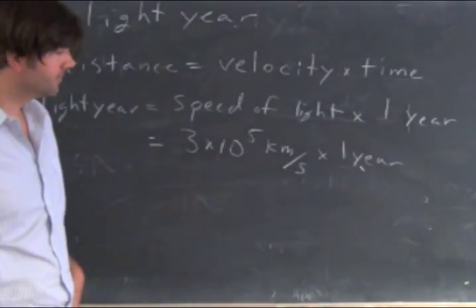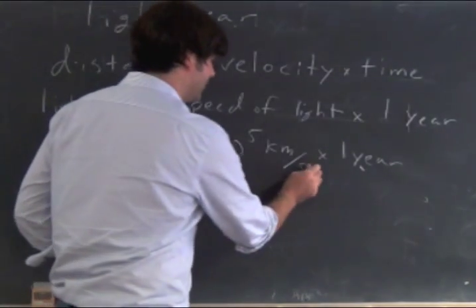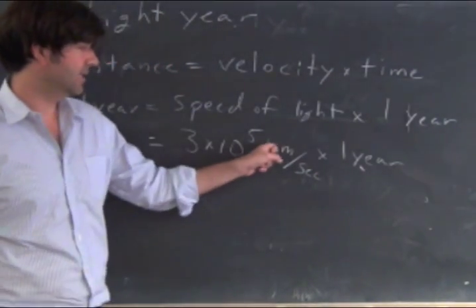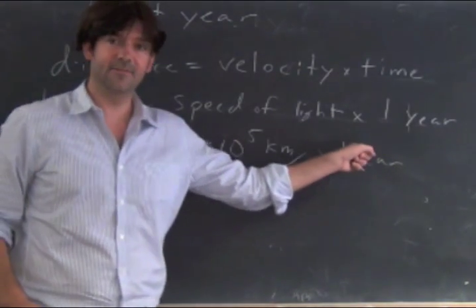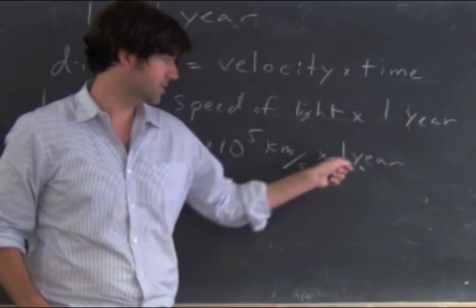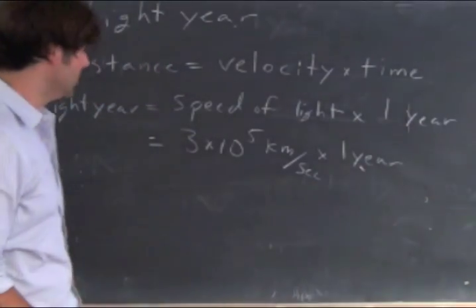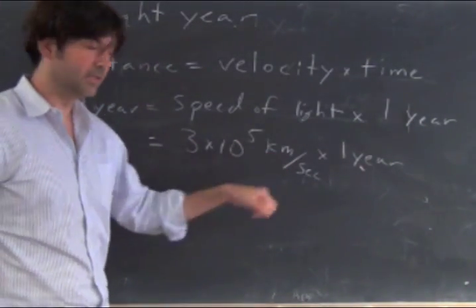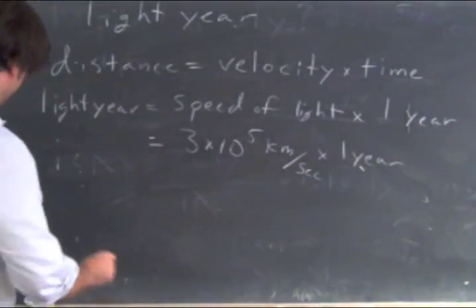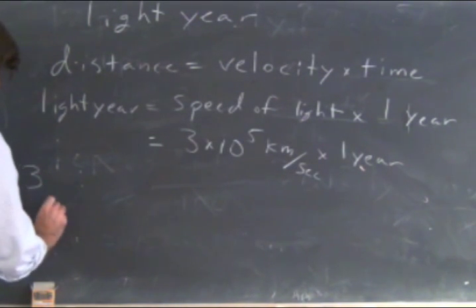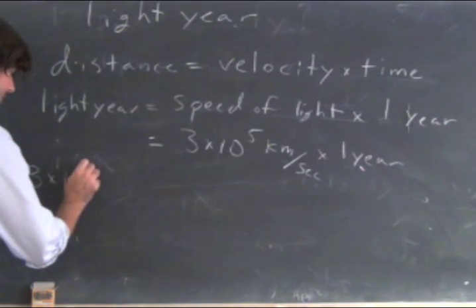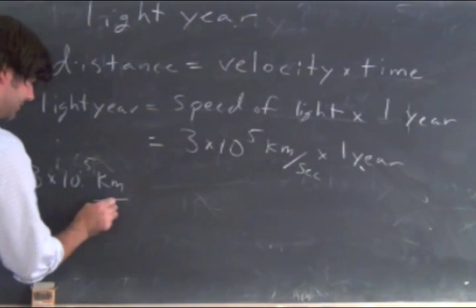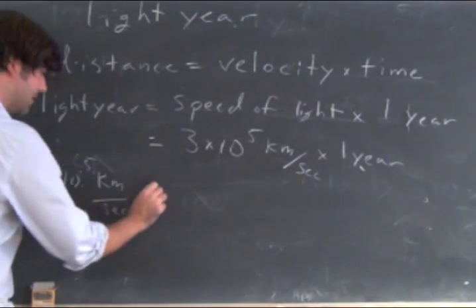But now we have a problem, because I have the speed of light in kilometers per second, and I have years in here, and years and seconds don't cancel, when I'd like to have the final answer in kilometers. So what are we going to do? Well, I have 3 times 10 to the 5th kilometers per second times 1 year.